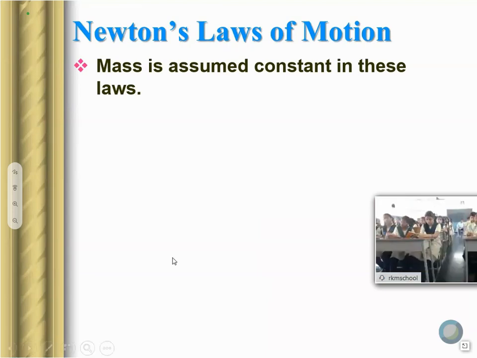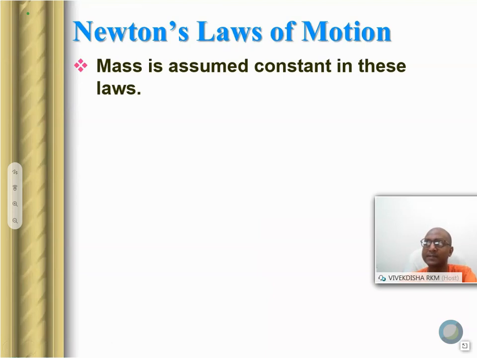Suppose you roll a ball in wet condition on sand, then the ball will collect sand on its surface and the mass will be increased. We do not say like this.